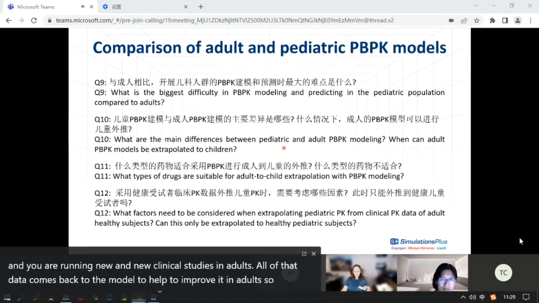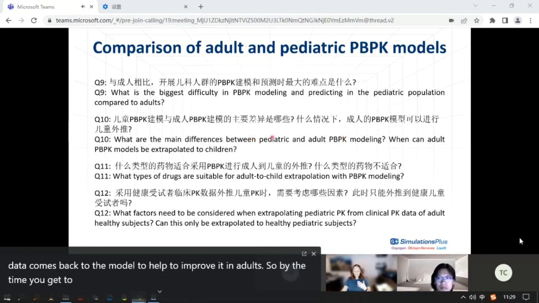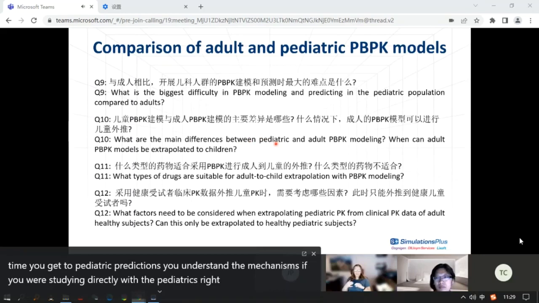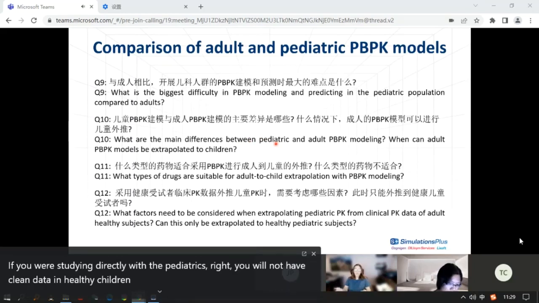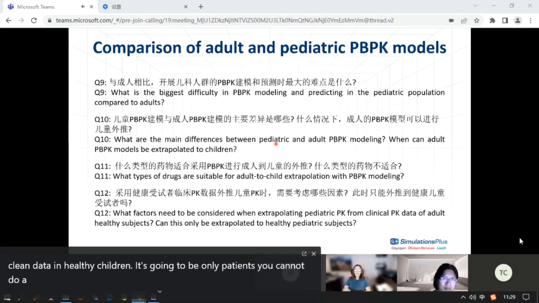So by the time you get to pediatric predictions, you understand the mechanisms. If you were starting directly with the pediatrics, you will not have clean data in healthy children. It's going to be only patients. You cannot do a clinical study in children to just dose the drug and do the PK.